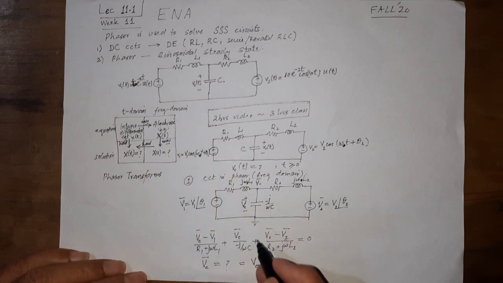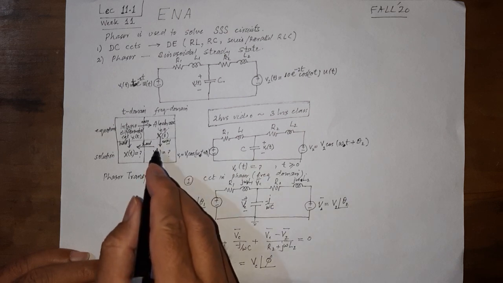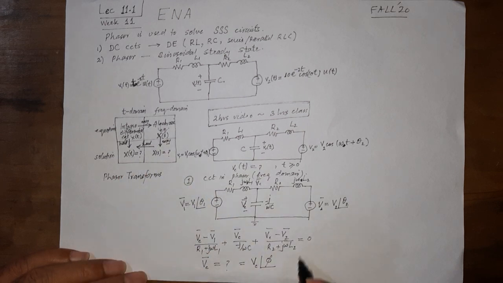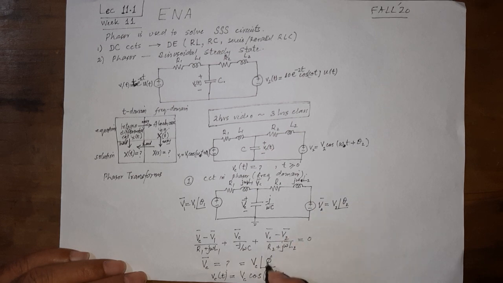So we solved the circuit here and then we apply the inverse process and arrive at VC(t) equal to the magnitude of a sinusoid, bringing back the original omega, with this being the phase angle, and this will be the result.